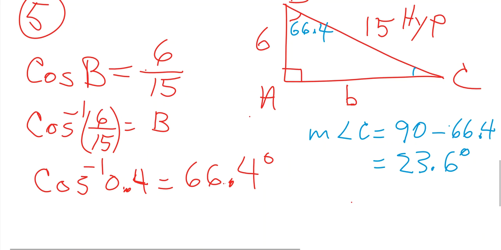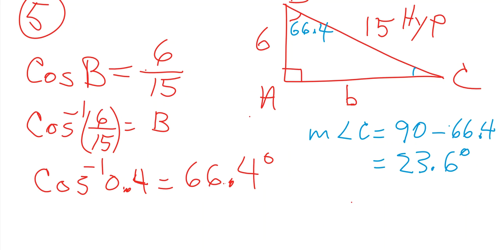Well, we need a trigonometric ratio that involves side B. How about sine? Yeah, let's do sine. By the way, there's different ways you could go. We could use the 23.6 that we just calculated, or we can use the 66.4. And now that I think about it, I wish I had kept another decimal place because we're going to get some round off here if we don't watch out.